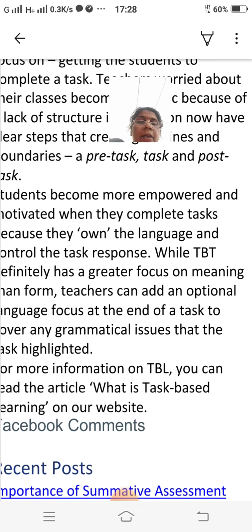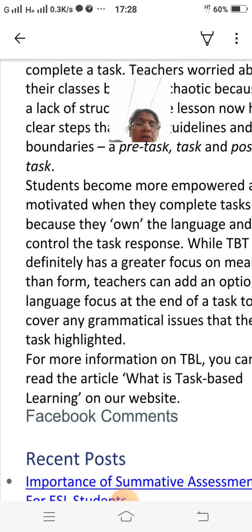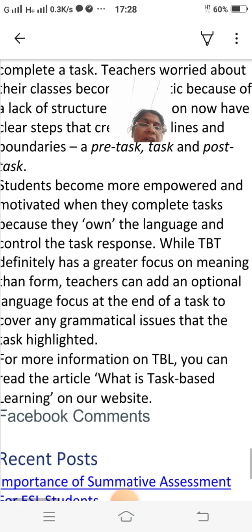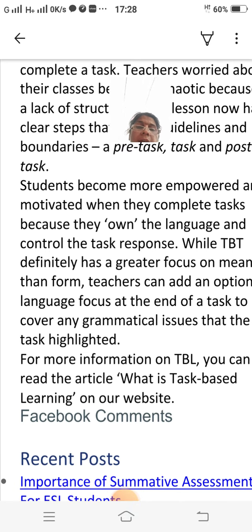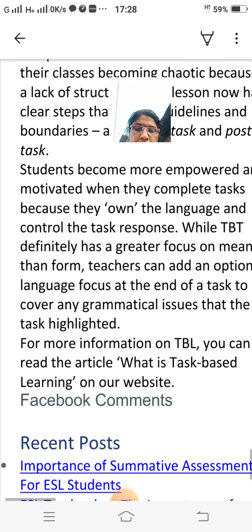Teachers can add an optional language focus at the end of a task to cover any grammatical issues that the task highlighted. For more information on TBL, you can read the article "What is Task-Based Learning" on our website.